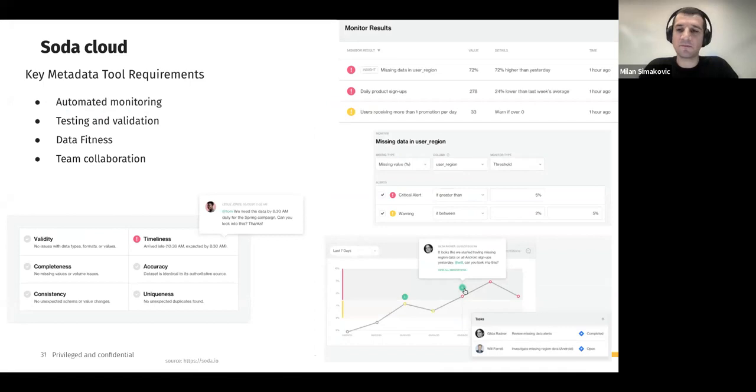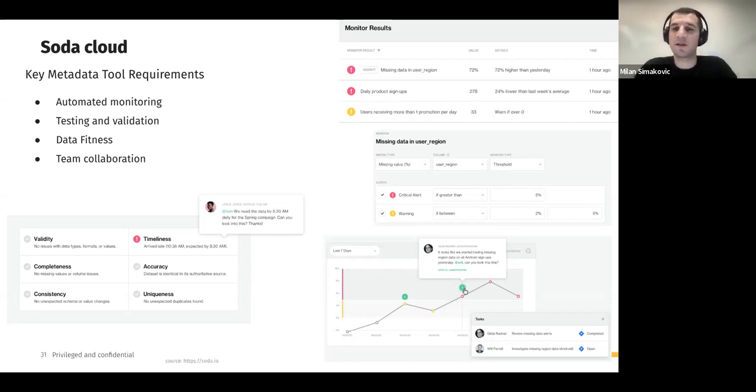There is also an extension of Soda called Soda Cloud. This part is paid. Inside Soda Cloud, there are some very interesting things that could make the life of the developer easier in terms of data quality.